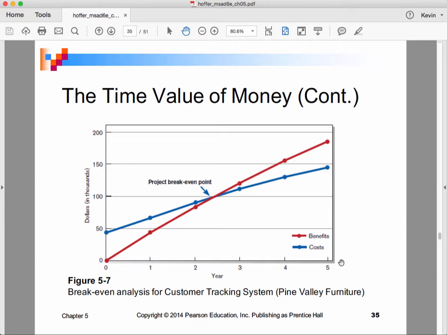Like how likely are we to get to this, or will the world change and we will never get there? 2.5 years is a medium amount of time. A lot of people who are really risk averse would like to see a payback in a year or less. People who are in maybe longer term stable industries or professions can wait to 3 or 4 or 5 years.